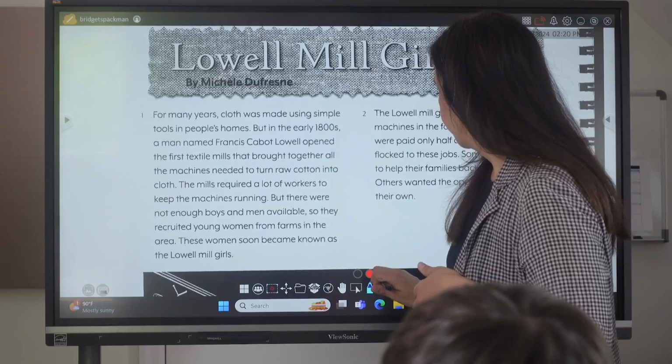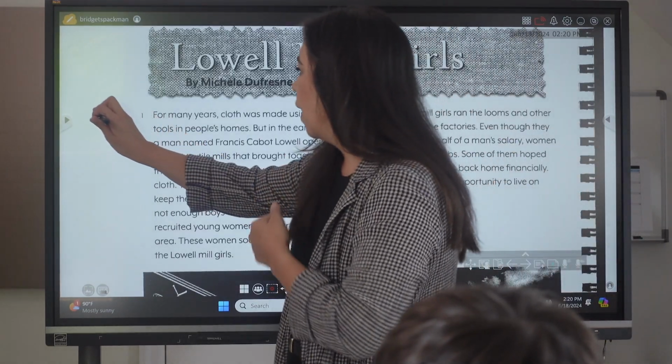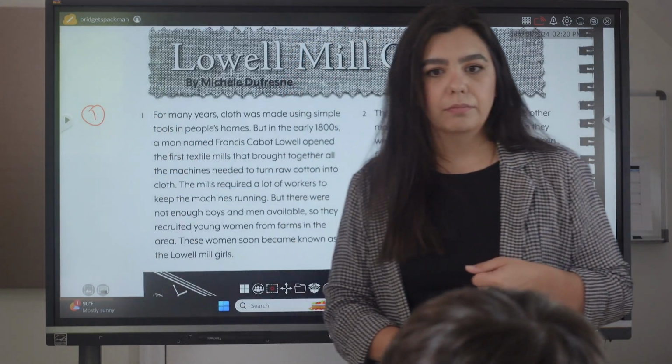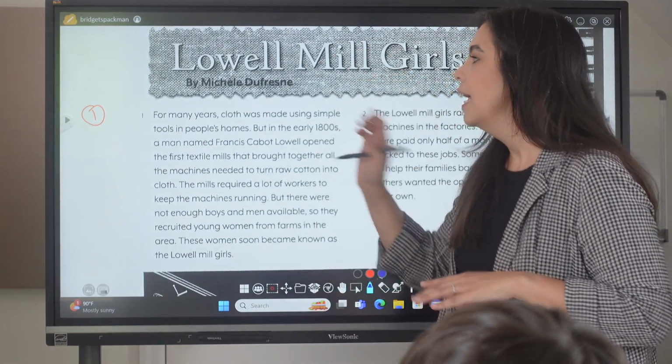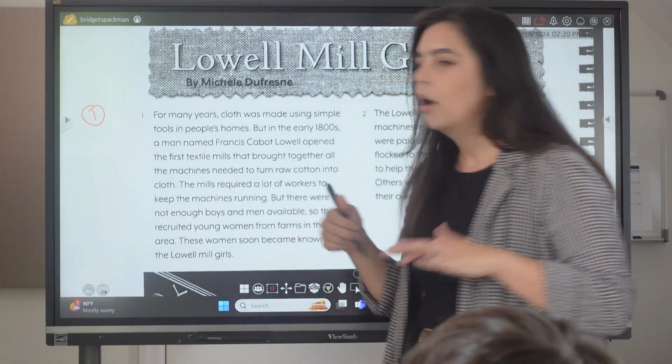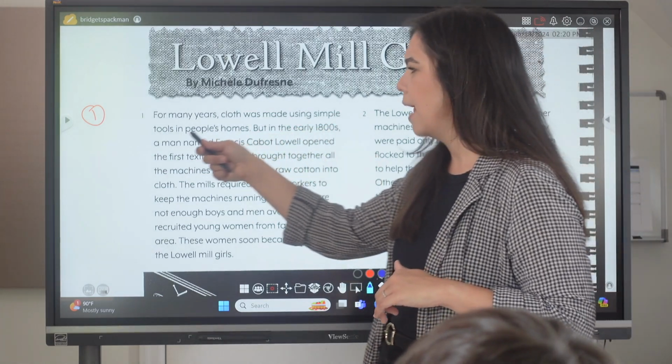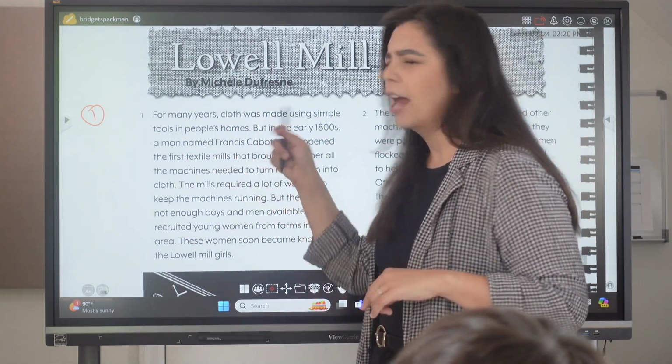So this is my first stop, and I'm going to move this real quick. Let me do that here. So I'm going to write stop number 1. This is my first picture, and I'm going to model for you what this looks like. So in this paragraph, we know that people used to make a lot of their clothing at home.